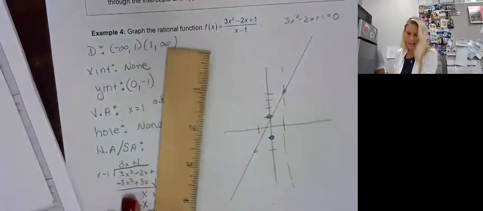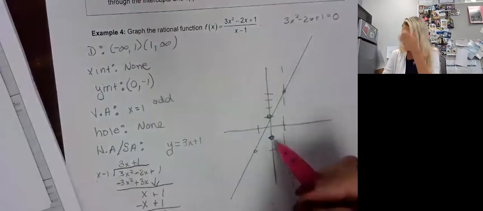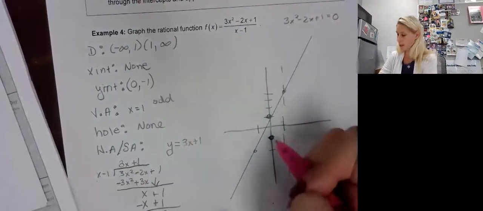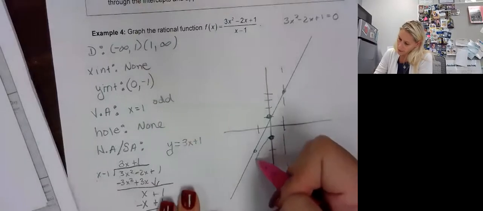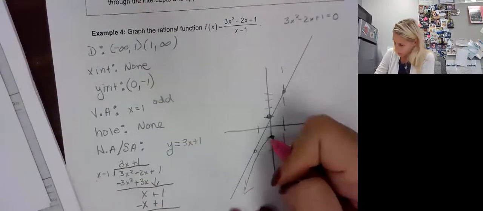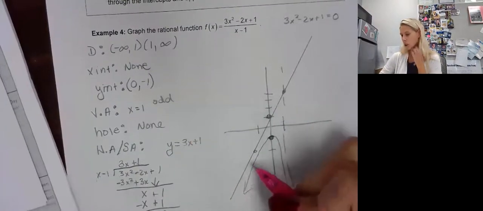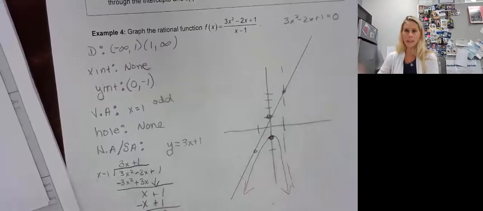All right, now, since we know that down here there is a y-intercept, I know that somehow the graph is going to look like this, because we're going to hug those asymptotes. And this actually should be dotted, right? Because it's a slanted asymptote.